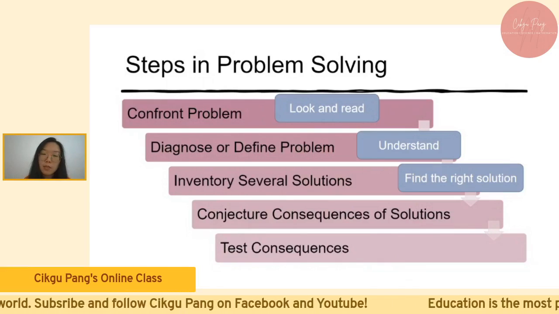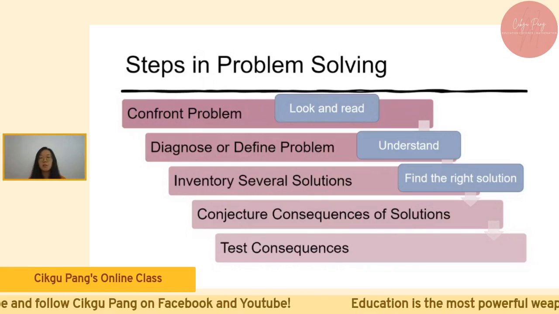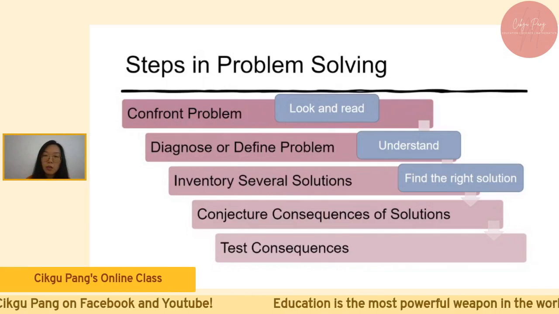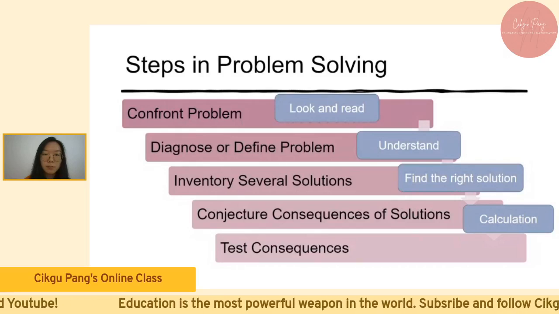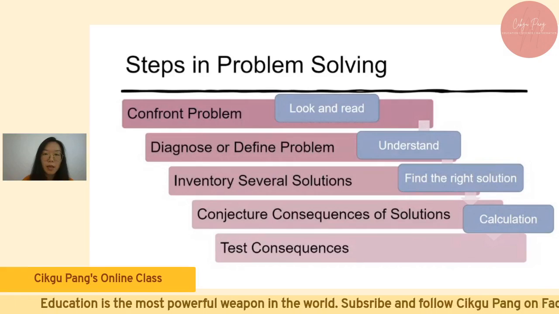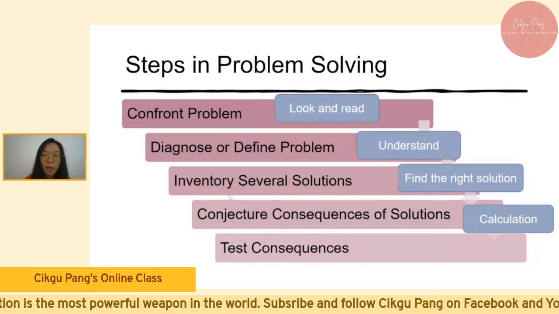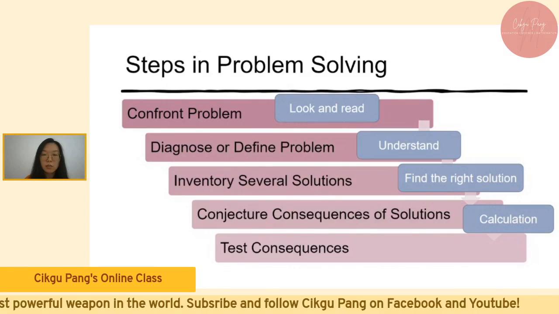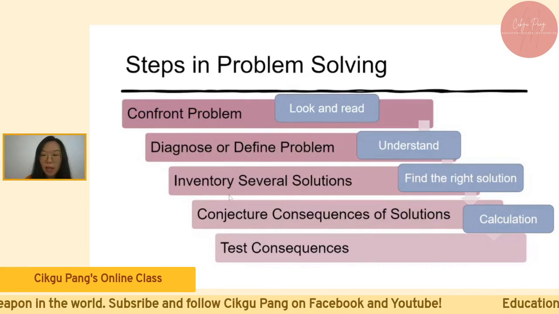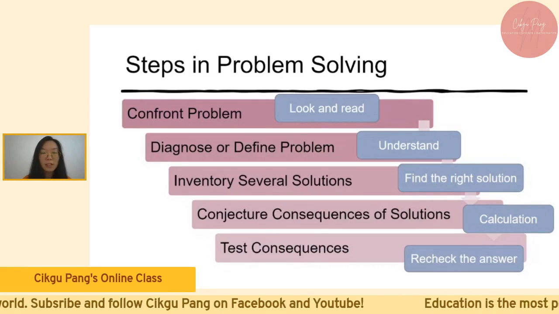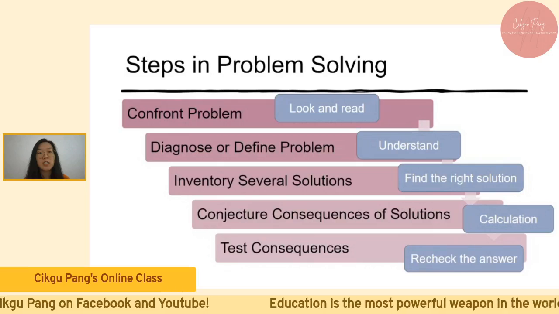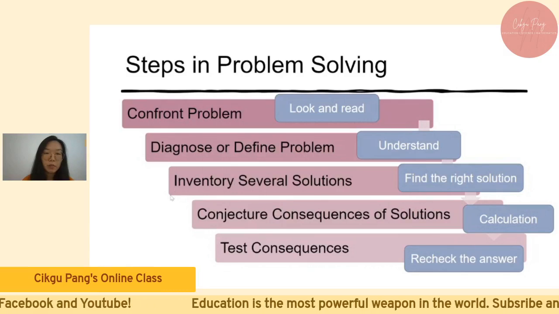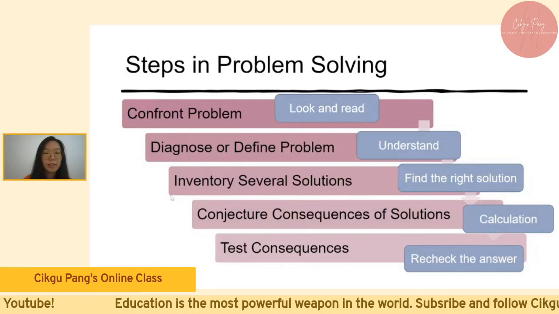The fourth step is the conjecture consequence of solution, which means you have to do the calculation. And the last step, we have to test the consequence. In other words, test the consequence means that you have to recheck the answer to check whether the problem is solved.